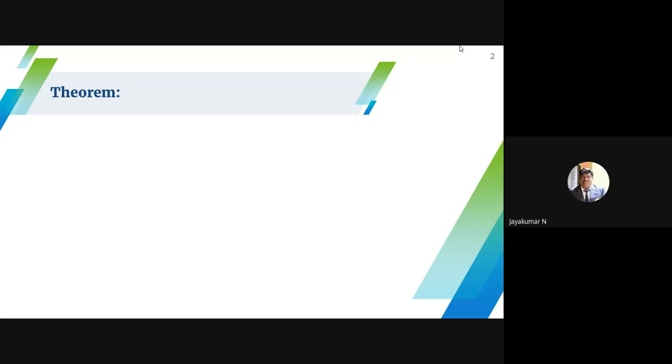Why I am skipping those proofs means these are all less important, because when you see the syllabus of Unit 1: groups, properties, after that cyclic group, then homomorphism. Most of the theorems belonging to symmetric group, permutation group, cyclic groups, those are all important.